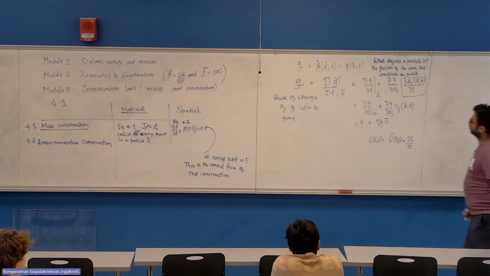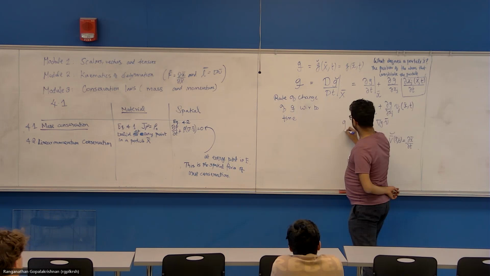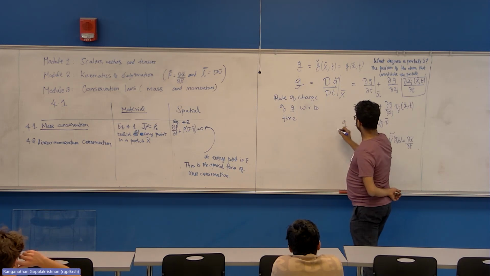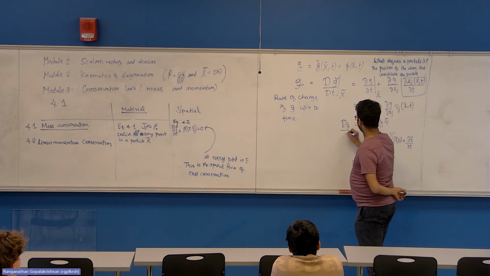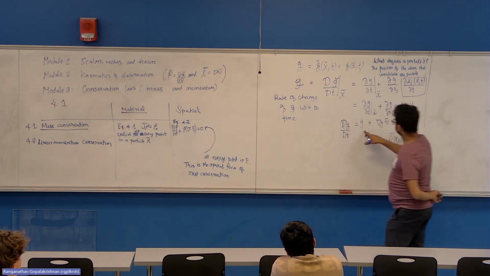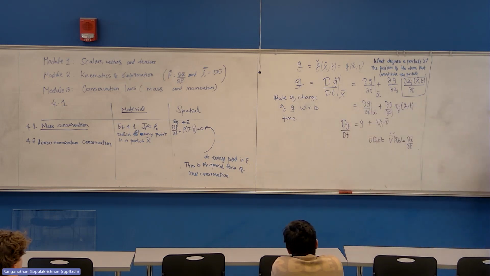So moral of the story is g dot, or I'll write it dg/dt, is equal to g dot plus gradient of g dot v.